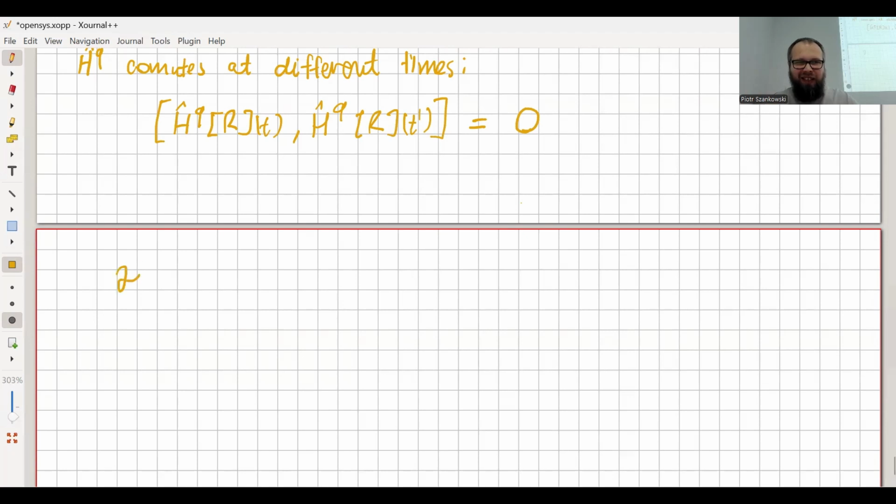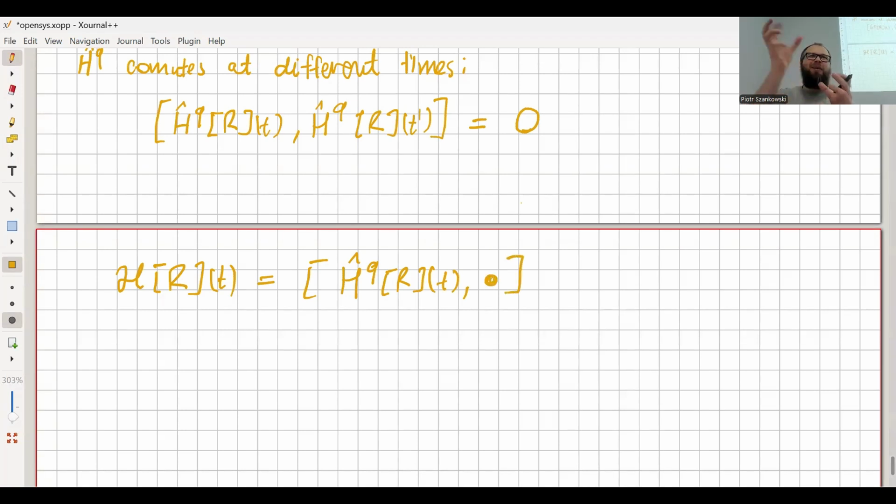So if I take H_R, which is the commutator, it's called the adjoint superoperator, I think, when you take some operator and take a commutator with it as a superoperator.